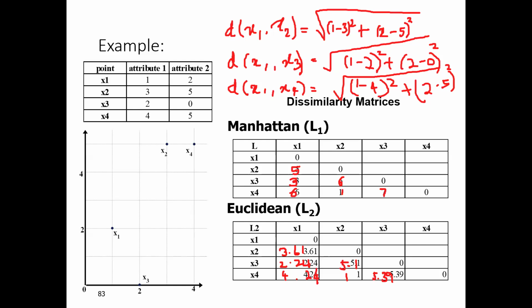So if you have done it correctly, you should have gotten a Euclidean distance matrix like this.